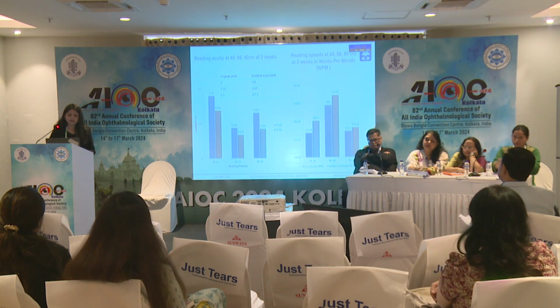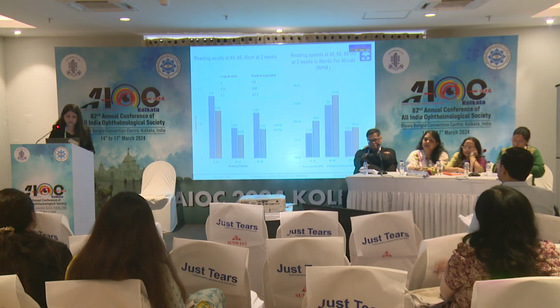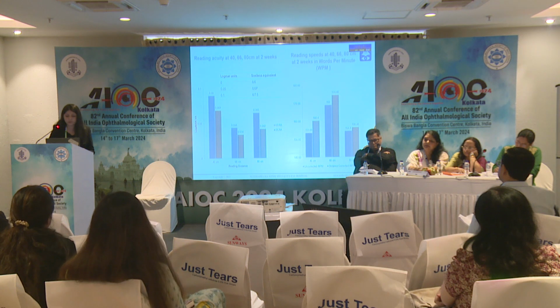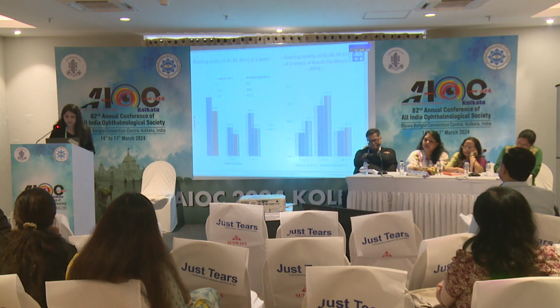We also studied the reading acuity and reading speeds using the Salzburg reading desk at 40, 66 and 80 centimeters at 2 weeks. We can see in the first graph, the reading acuity was better than 0.1, which corresponds to 7.5 Snellen's equivalent at 40, 66 and 80 centimeters. And also the reading speeds at the same distances was more than 150 words per minute.